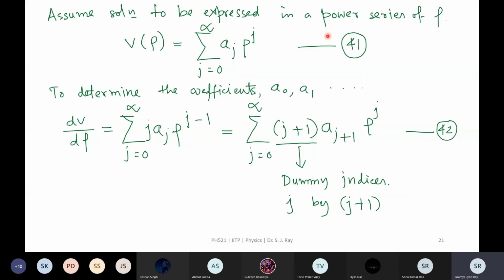So here we will express v of rho as the sum over j equal to 0 to infinity of a j times rho to the power j. What is j? j is basically a dummy index here, and it will run from 0 to infinity. So this is a series expansion. Now all you have to do is find out the coefficients, that is a0, a1, a2, and all these things.